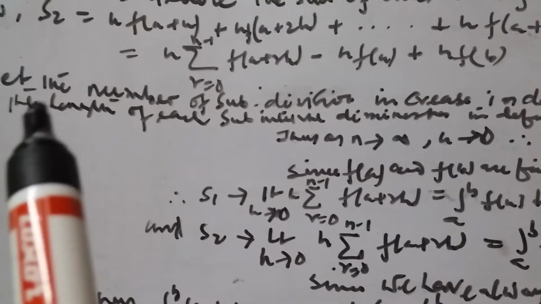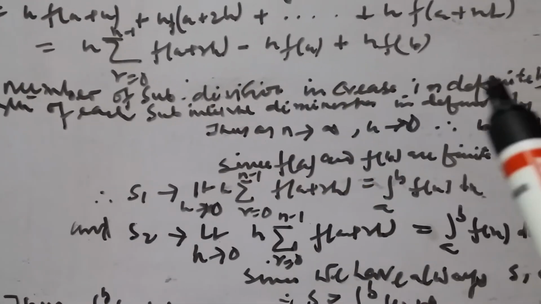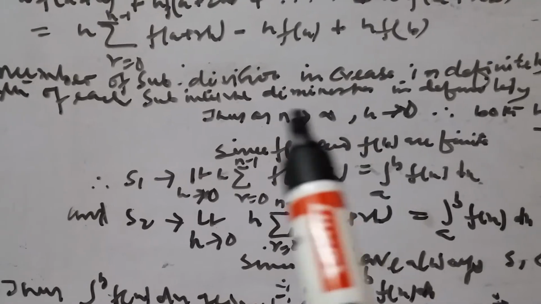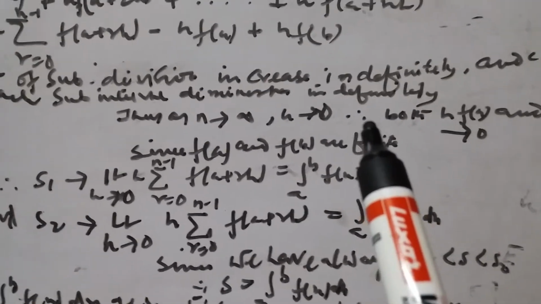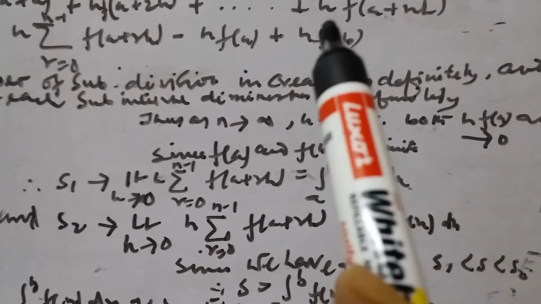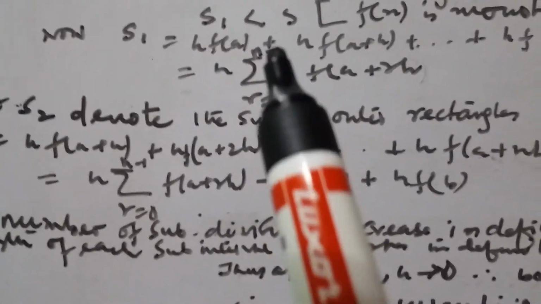If the subdivision increases, h tends to 0 and n tends to infinity, so h f(b) and h f(a) tend to 0, and the two sums are the same.